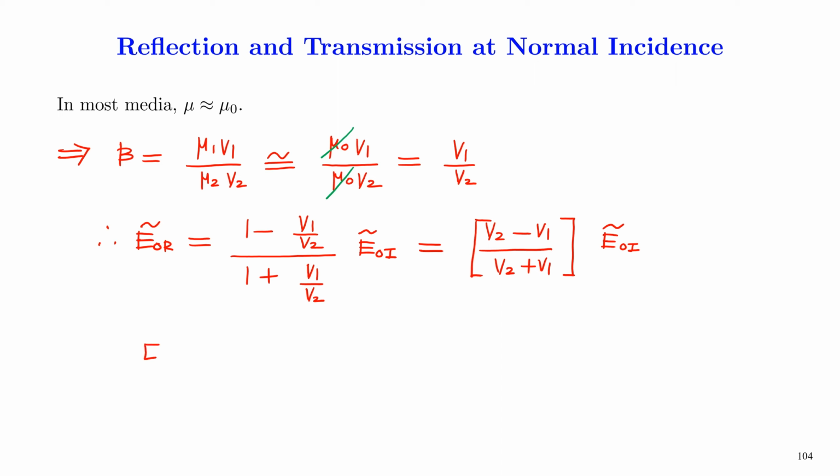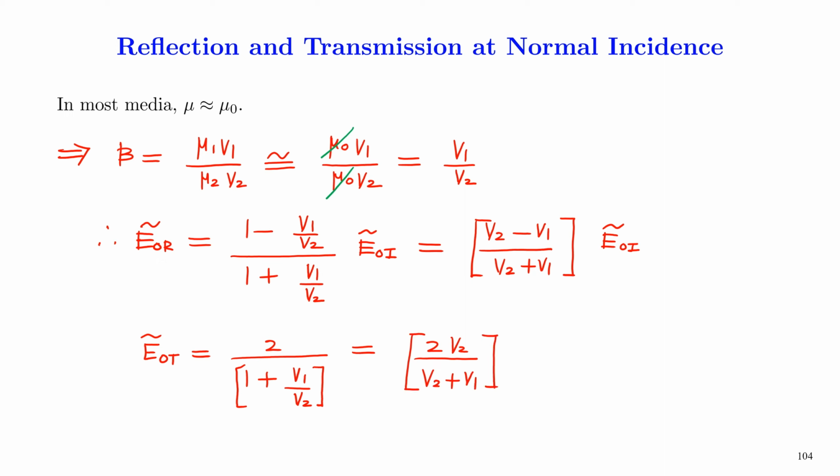And similarly, E0T is equal to 2 over 1 plus V1 over V2, and this is equal to 2 times V2 over V2 plus V1. And this has to be multiplied with E0I.